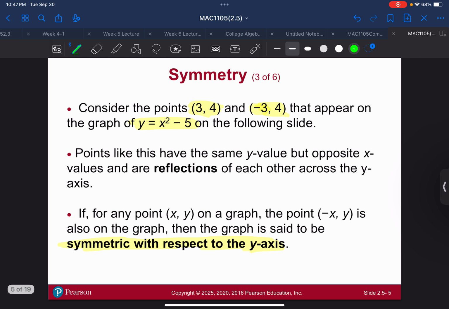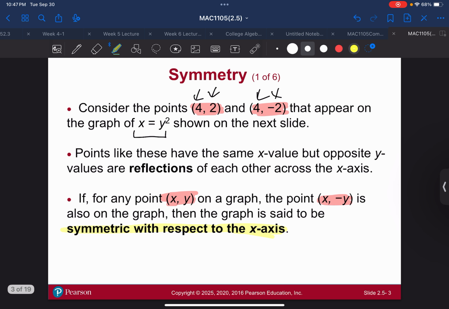And we say that this is also a reflection across the y-axis, these points that have these properties. And on the other one, if it's symmetric with respect to the x-axis, then these are reflections across the x-axis.